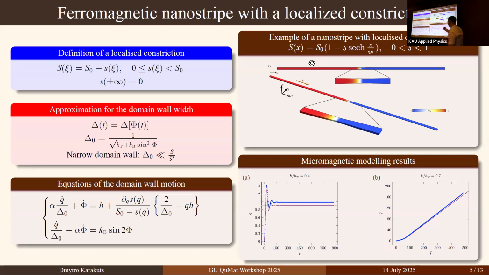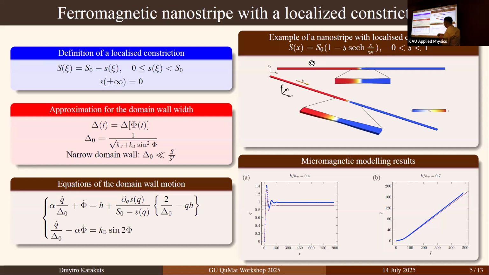To explain the behavior of the domain wall in such a system, we consider domain wall width to be a slave variable. In addition, we use an approximation of a narrow domain wall. Although these calculations can be done without these assumptions, it just significantly simplifies the resulting equations.